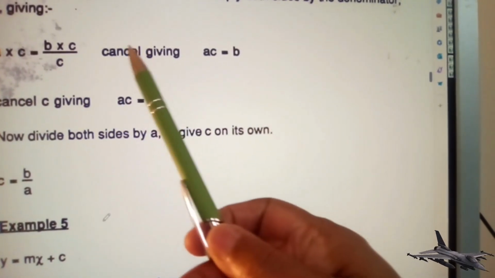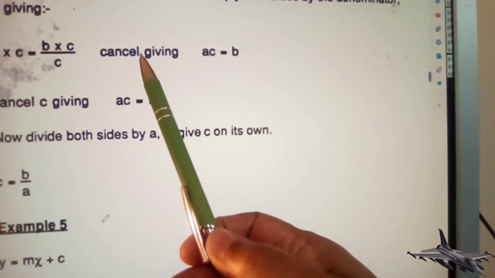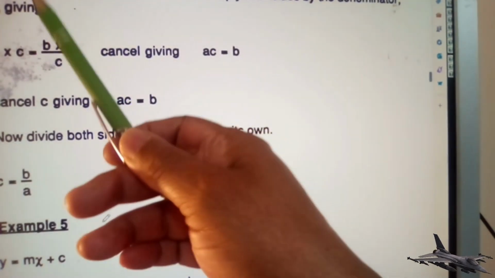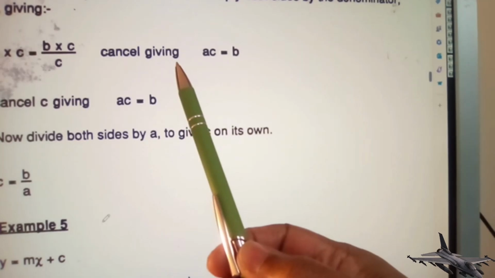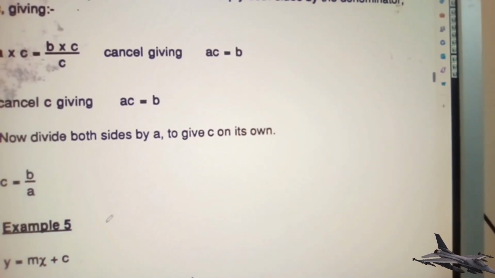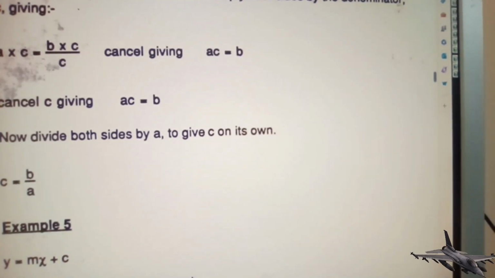Now here it's important that you understand that it's asking you to make c the subject. So you need then to divide both sides by a, which leaves you with c equals b over a, and that is our function here.